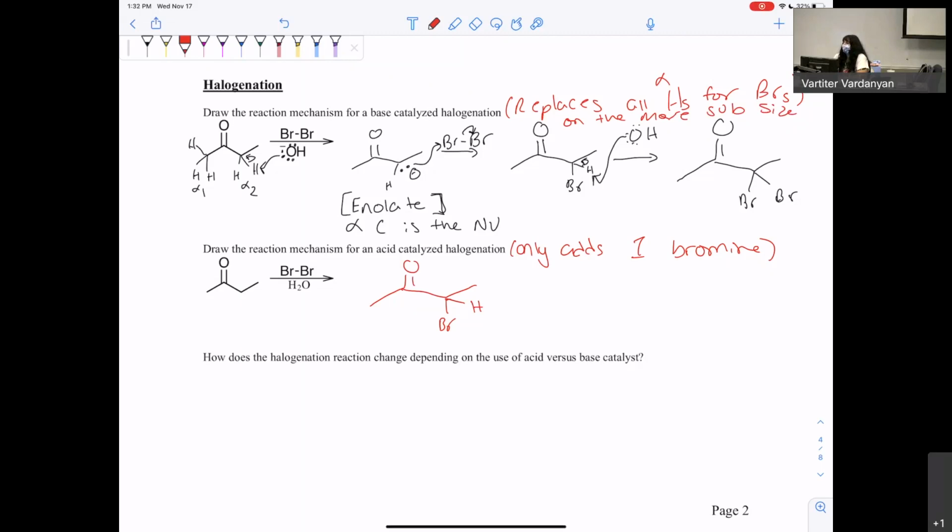Yes. Yeah, so there's a couple different ways of looking at the mechanism. That's why I don't draw it, but I can definitely send it to you if you want.